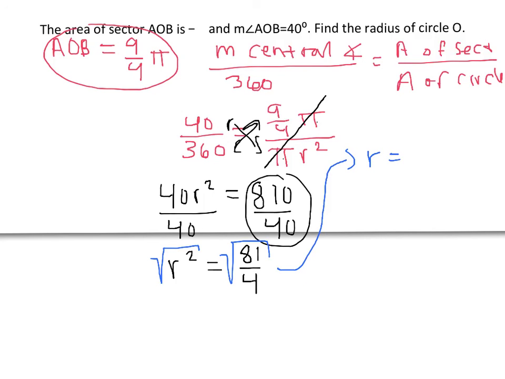So r equals the square root of 81 over the square root of 4. The square root of 81 is 9, and the square root of 4 is 2. So there is our radius.